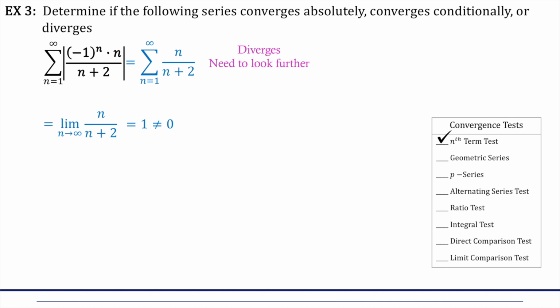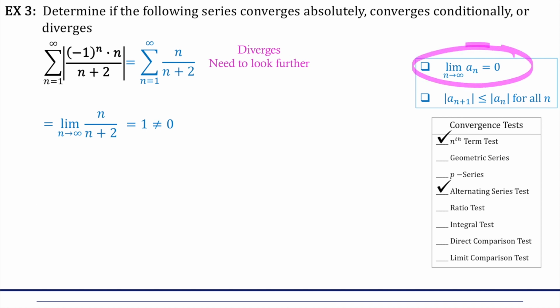So we're going to have to look further and go back to the alternating series test to see what happens with the original alternating function. So for the alternating series test, we, again, have to look at the limit as n approaches infinity of a sub n, which is still not 0. So this whole thing just diverges everywhere.